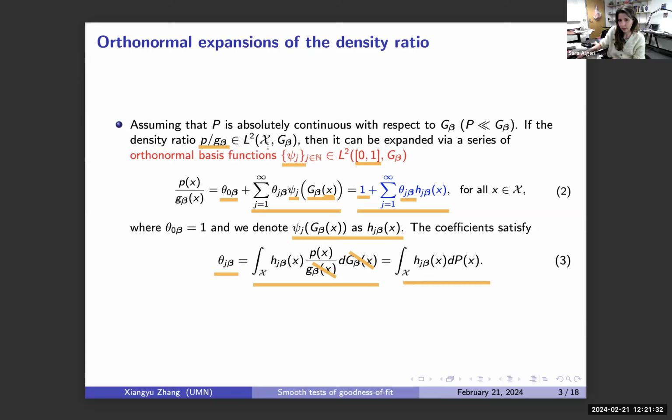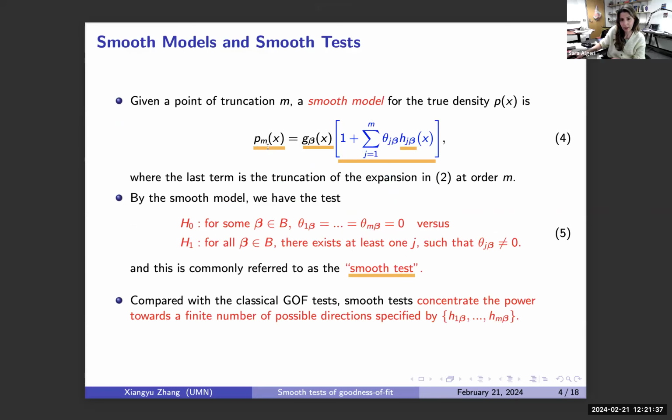If it is not good enough, Xiangyu, can you go to slide 4? Then the thing that Xiangyu has in equation 4, the blue bracket, gives you an update for it that will be estimated using the data. It's basically a Fourier expansion for the density ratio instead of for modeling the whole background.